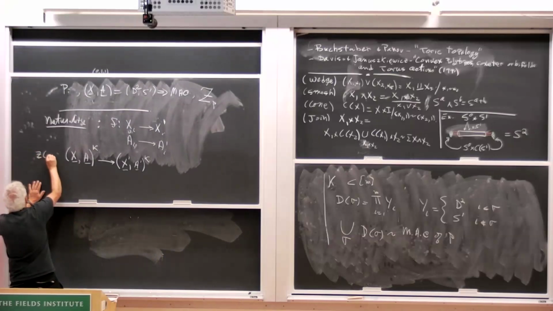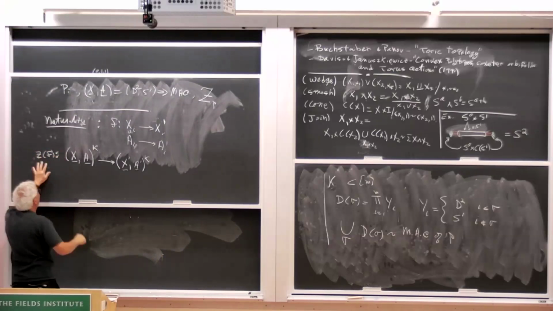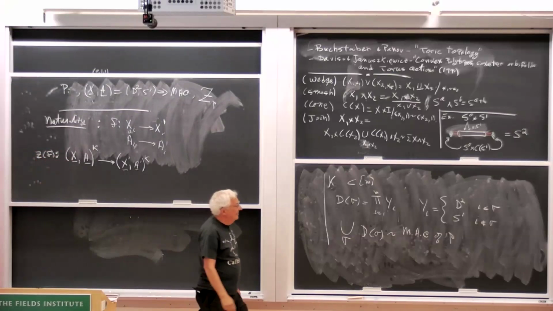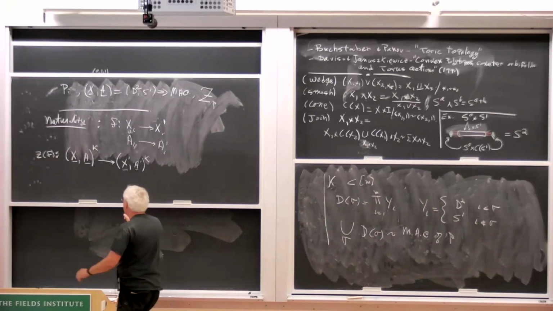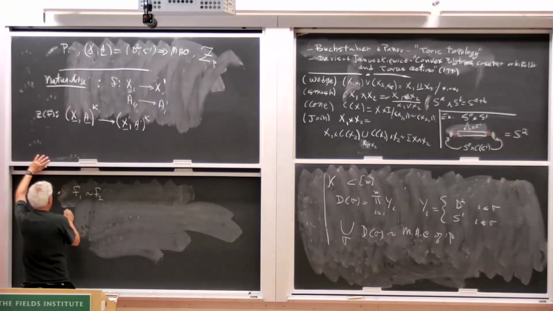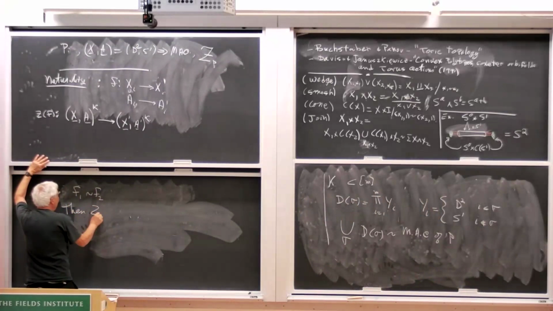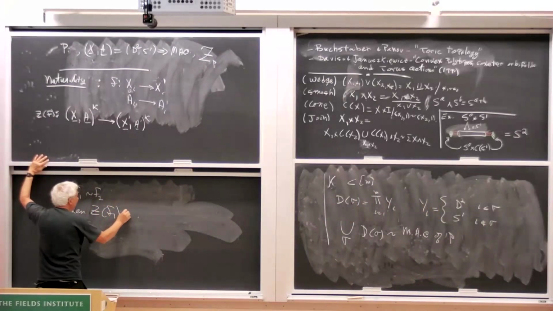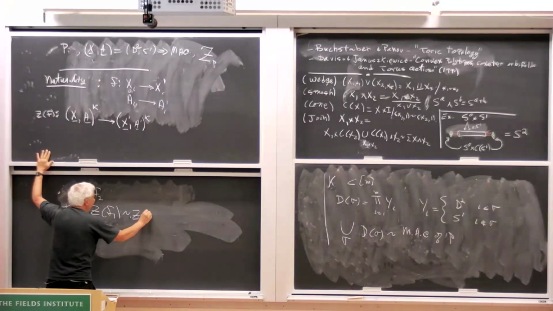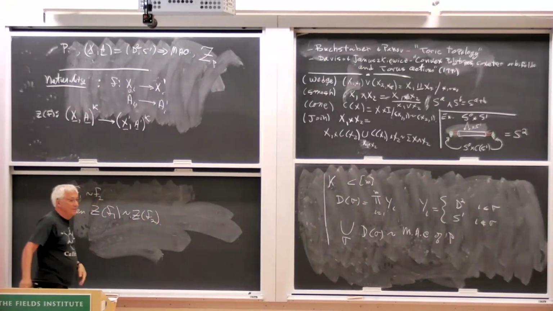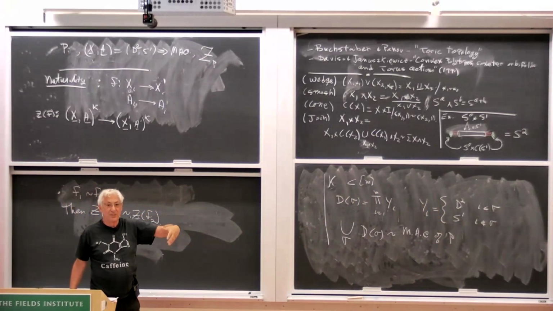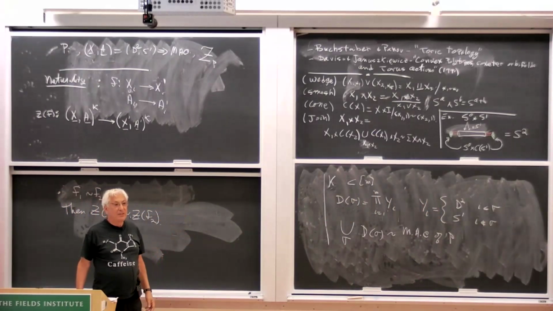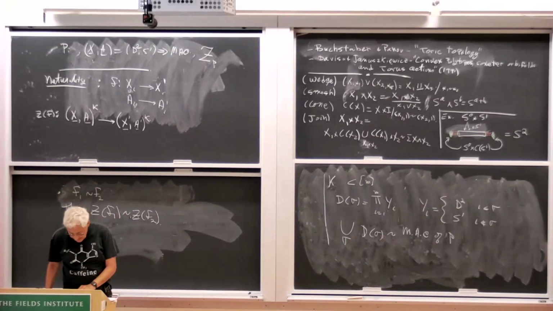I'll call it Z of F. I have a little memory of the Z notation. Then Z of F1 is homotopic to Z of F2. So homotopy maps between the pairs induce homotopic maps on the polyhedral products.